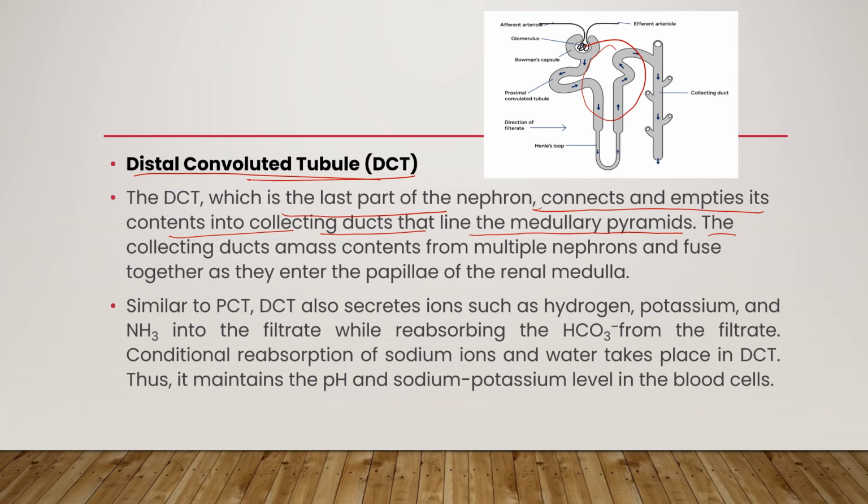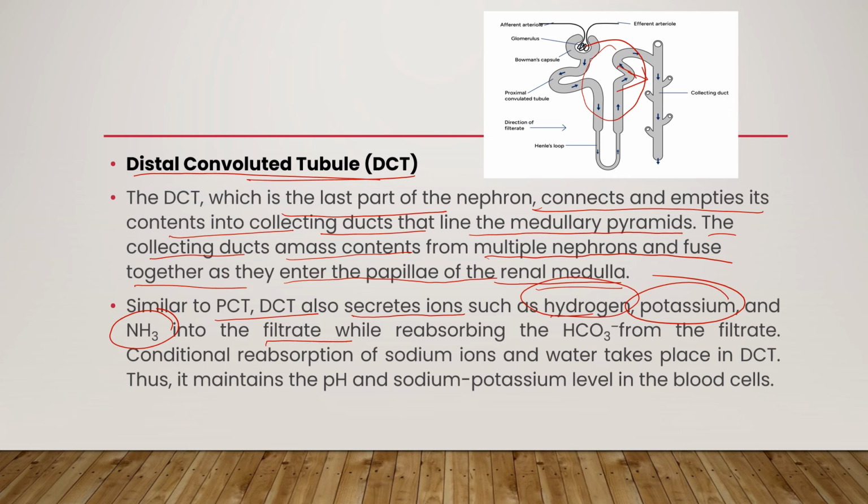The collecting ducts, a mass from multiple nephrons, fuse together as they enter the papillae of the renal medulla. Now, similar to the proximal convoluted tubule, the distal convoluted tubule is also secreting ions such as hydrogen, potassium and ammonia.